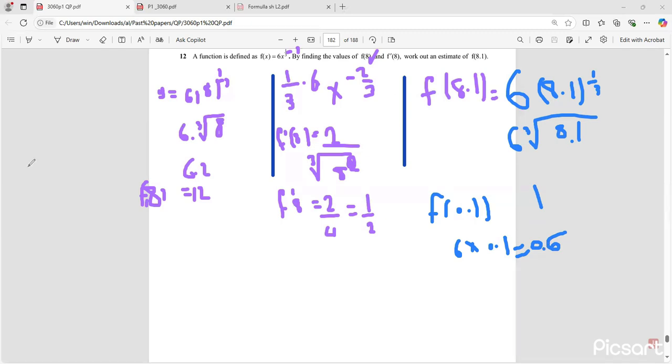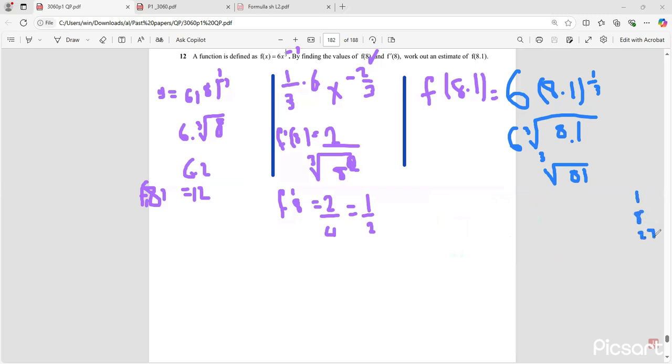Okay, here we are going to get an estimate from the cubic root of 81. Let's make it 81, then we're going to put a point, 1 dp. So the cubic root of 81 will be between, let's write the cubic numbers, which are 1, 8, 27, 64, 125, and so on.